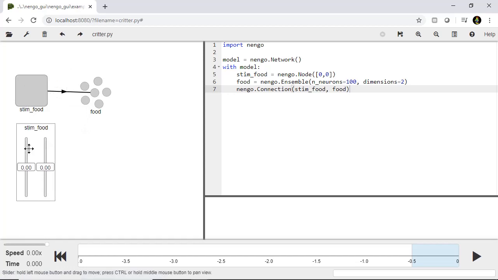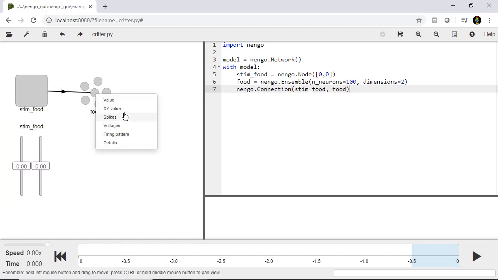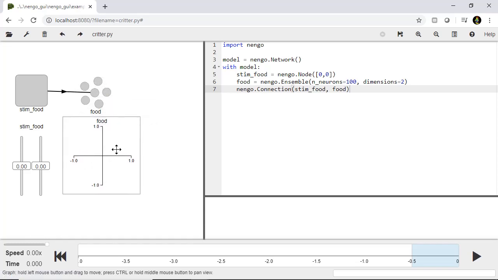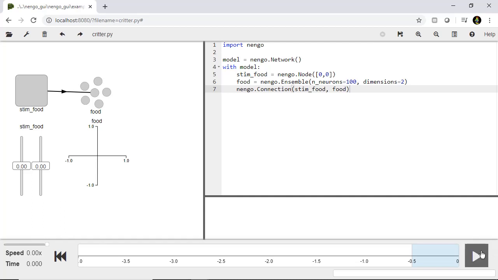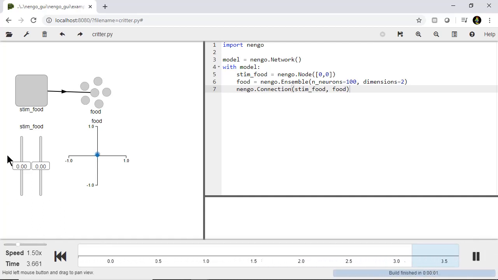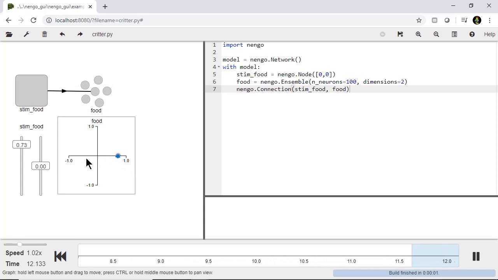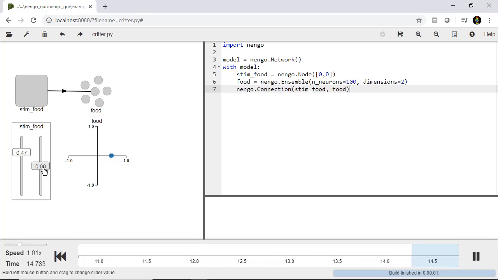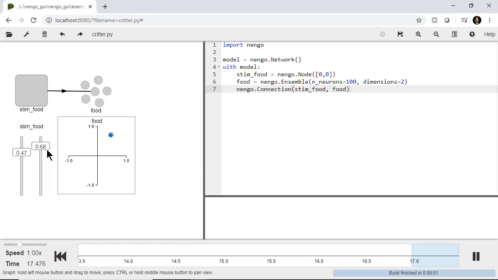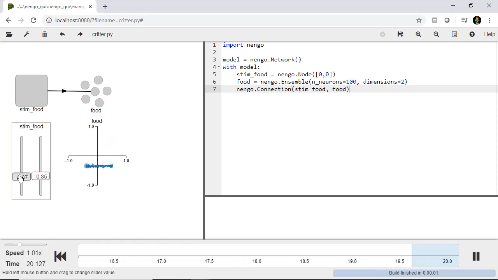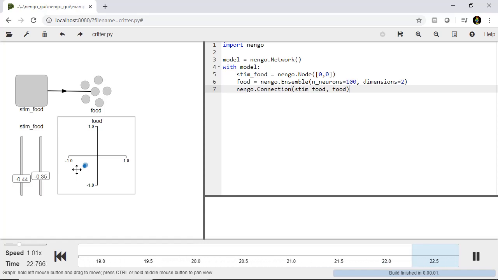If I make a little slider, for the particular plot that we're going to pull up out of this one, we're going to do an XY plot because it's 2 values, and it's just more convenient to plot it that way. So this is saying, hey, there's food right where I am right now. If I move this slider up, okay, now we've got these neurons firing with some activity, and hey, there's food to my right. I should go that way. Or hey, there's food in this direction. Go that direction. Or there's food over here. Go in that direction. Okay.